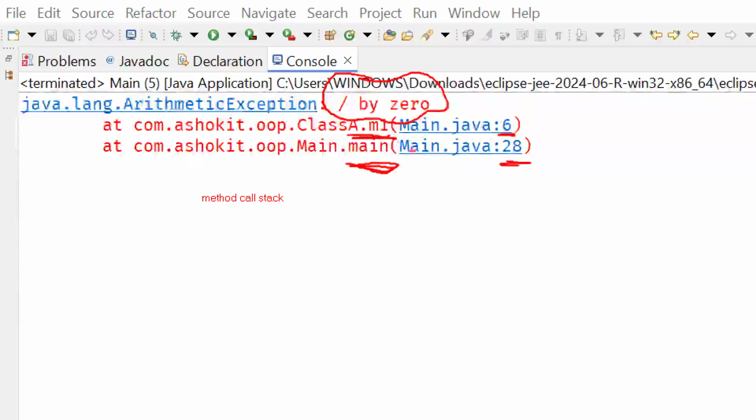So this information has 4 parts. What are the 4 parts? First part is the exception class name. Second part is the message, the exception message. Third part is the method call stack.